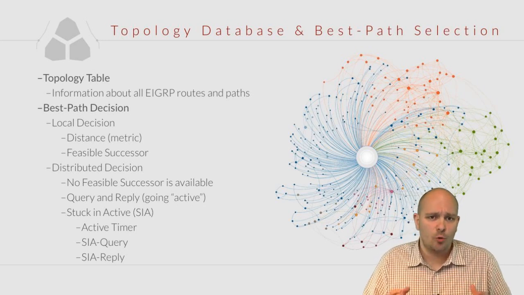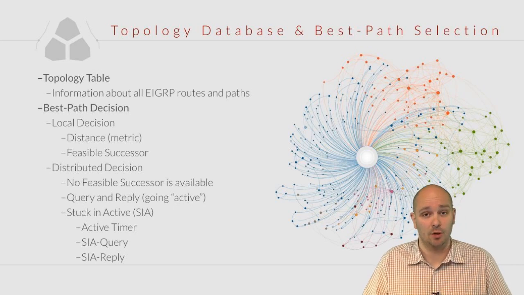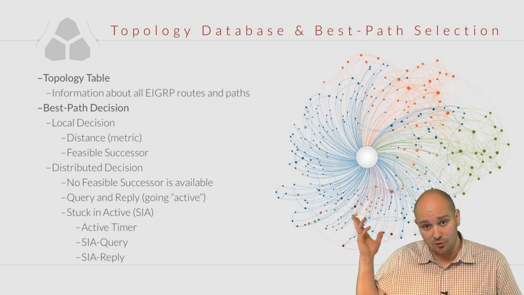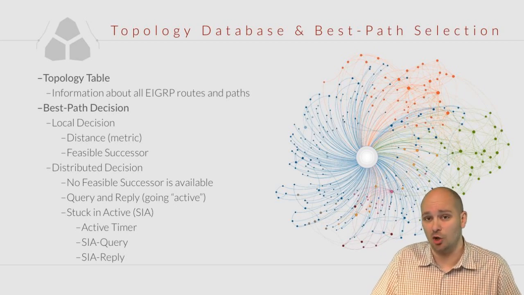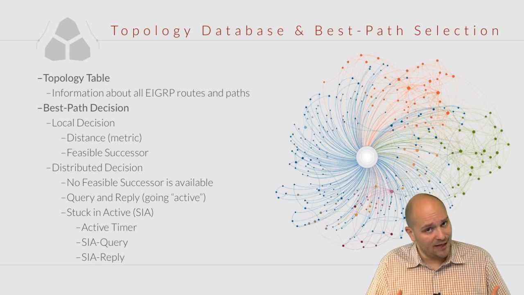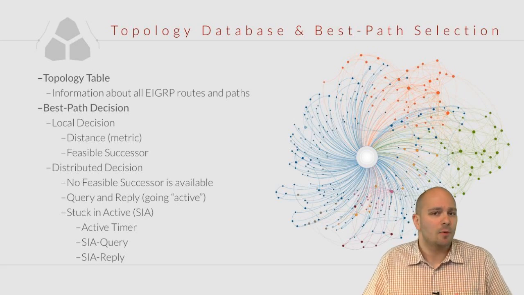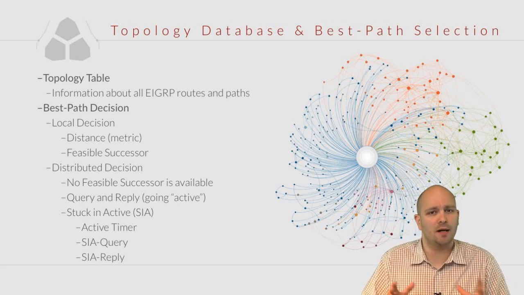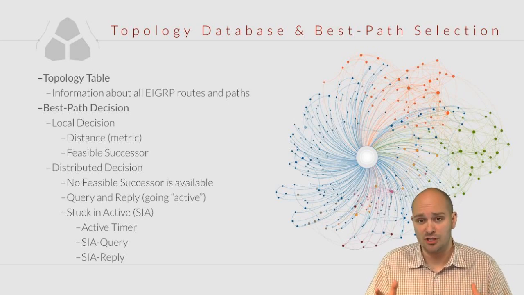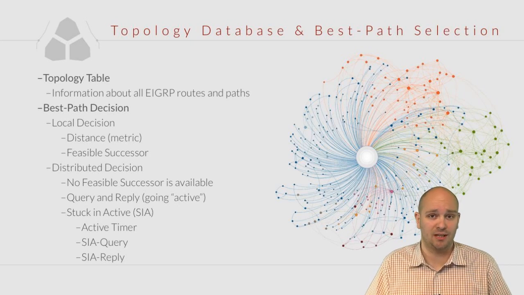This decision, which routes need to go into the routing table in EIGRP, can be made locally by the router, and here on the slide behind me I have it as a local decision. Now this decision can be very simple, or it can be a little bit involved. So the simple decision is if we are for the first time hearing about a particular route.